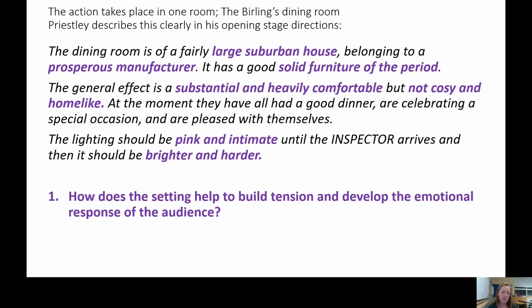So the setting is so clever in building up tension and making the audience feel as complicit as the Birlings, and making us feel like, oh, this evening might be the evening that we are found out as well. Hopefully we won't be found out. Hopefully we will leave the theatre thinking, yeah, I have been a bit selfish in the past, or I have been a bit careless of others, and I'm going to change. That's the point, isn't it? Okay.